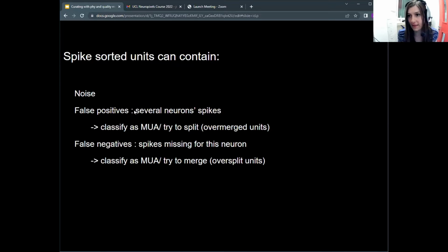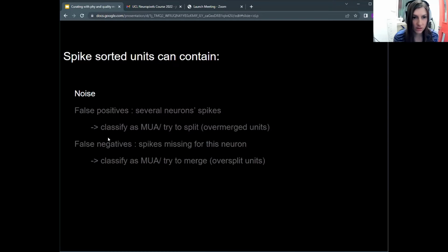In this case, you'll want to be able to identify them and try and correct this. And units can also have spikes that are missing, which you also need to try and correct. So spikes that are not detected or that have wrongly been split into different units.